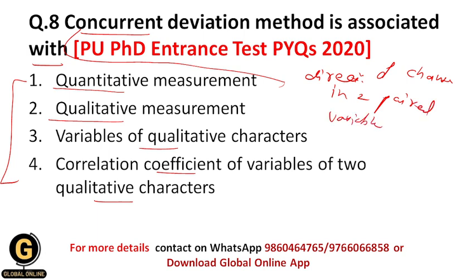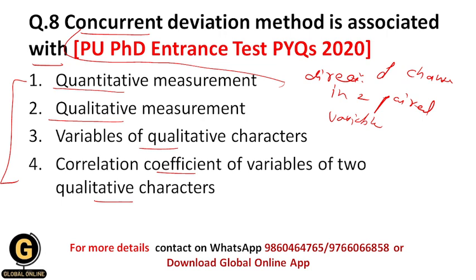Okay, so whenever you need to study the direction of change of two paired variables, then we can use concurrent deviation method. So this concurrent deviation method is not useful whenever we need to study the magnitude of change, but whenever you need to study the direction of change, then you can use it.